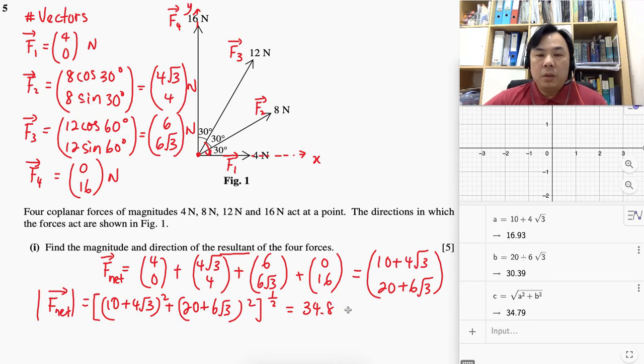I'll leave that to three significant figures. Now the magnitude of the force is this, and then the direction.